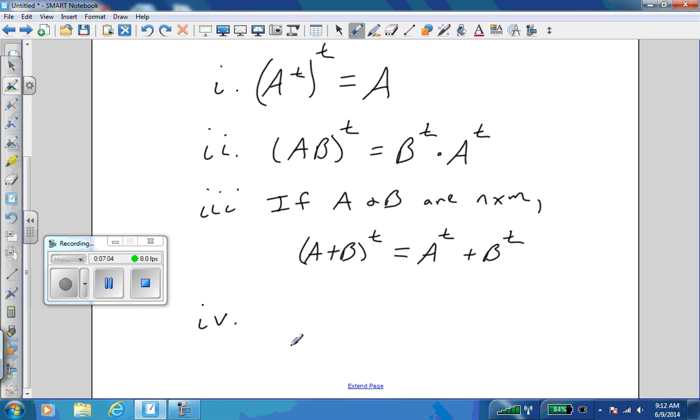And then lastly, if A is invertible, then the transpose of A is also invertible.